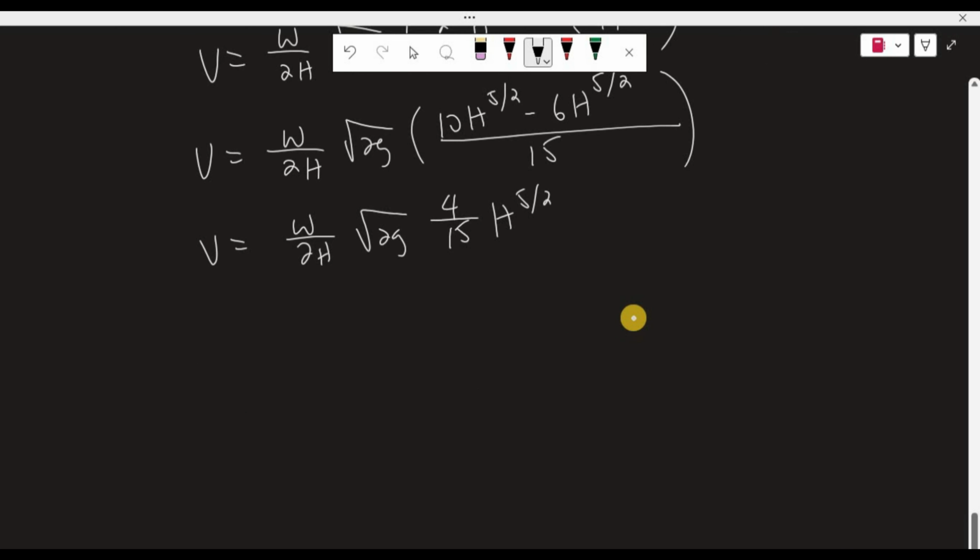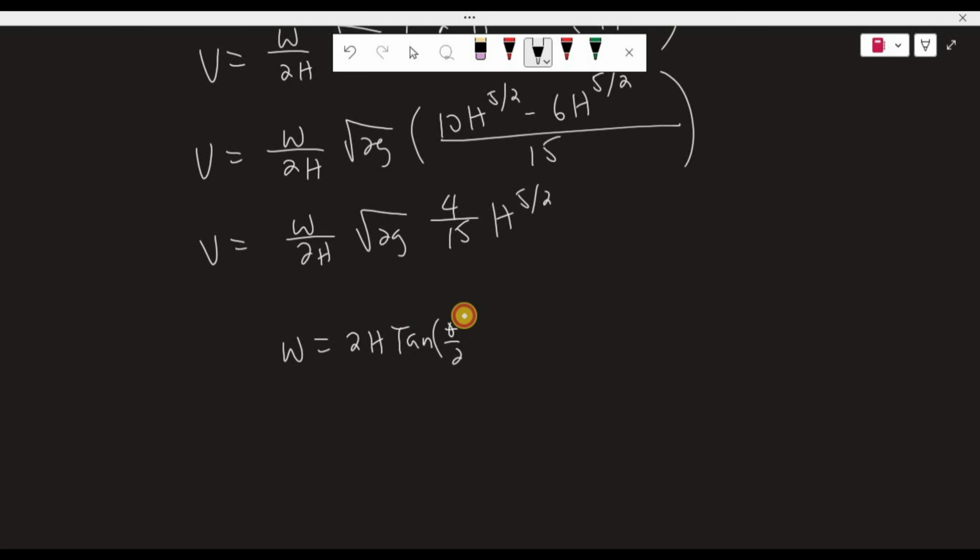Now we have already shown before that w is equal to 2h tangent theta over 2. So let's substitute this expression into this equation.